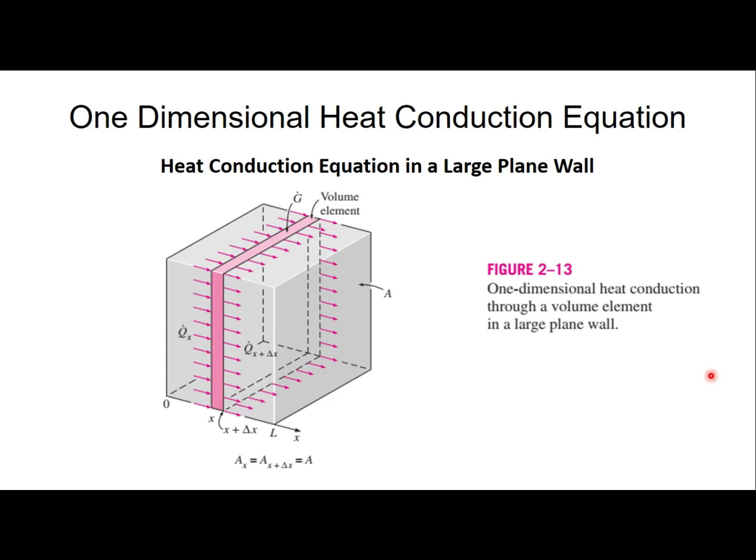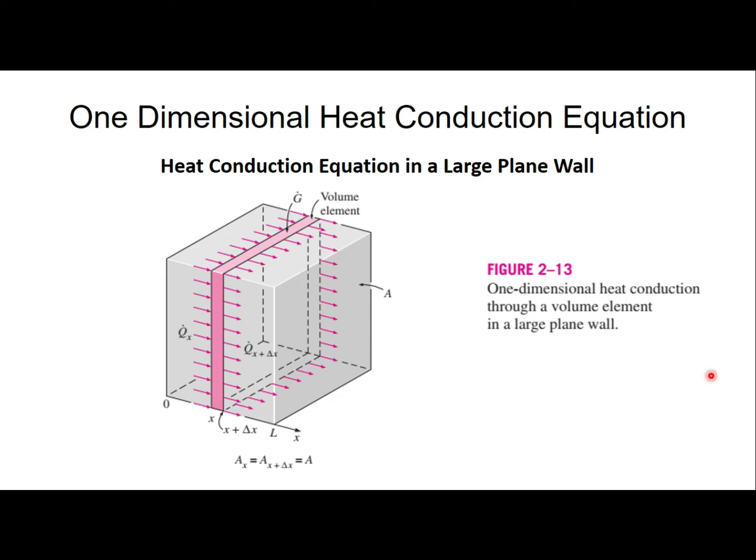Heat conduction in these and many other geometries can be approximated as being one-dimensional, since the heat conduction through these geometries will be dominant in one direction and negligible in other directions. Below, we will discuss and develop the one-dimensional heat conduction equation in a rectangular geometry.